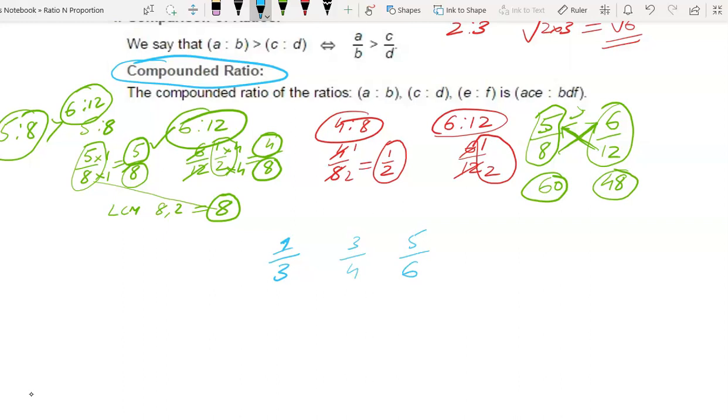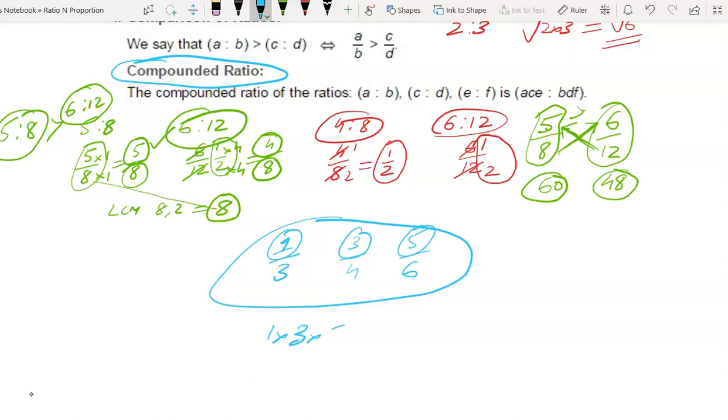Now if we need to take the compounded ratio of these 3, then what we will do? Here it says ACE, so we will take the numerators, which is 1 into 3 into 5, is to 3 into 4 into 6.